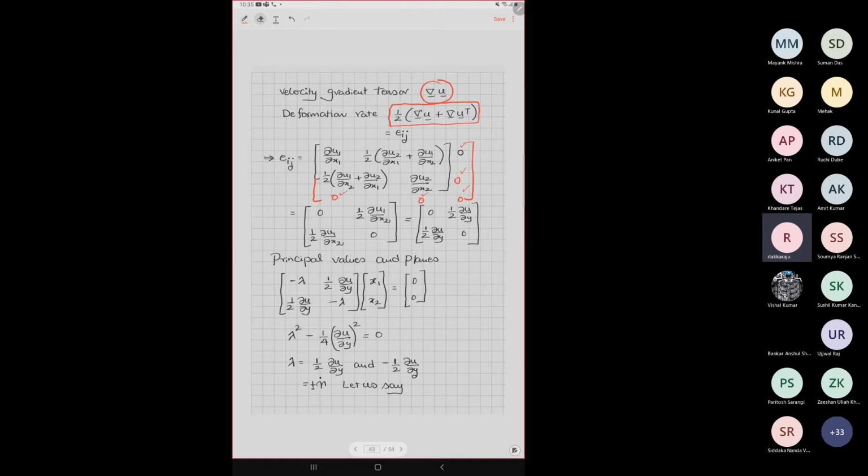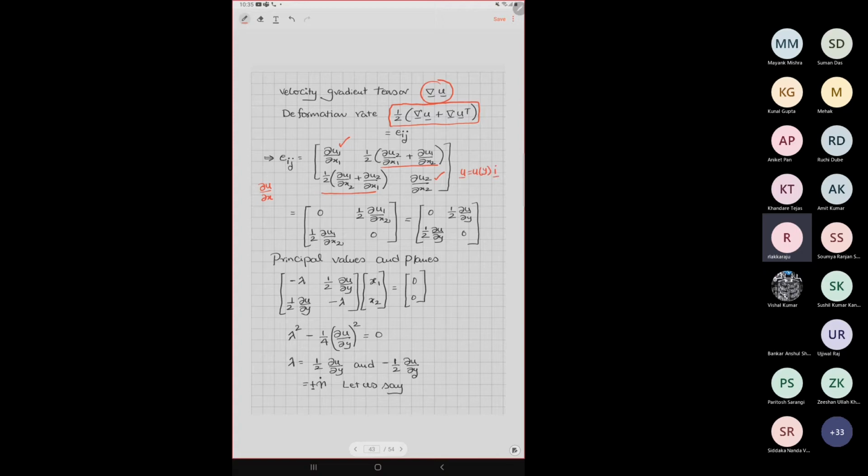In the same way, if I write just in 2D: del u1 by del x1, del u2 by del x2, and half of del u2 by del x1 plus del u1 by del x2, and its repetition. So let us write that. What is del u1 by del x1, which is del u by del x? And we have already seen u is equal to u of y in the i direction.